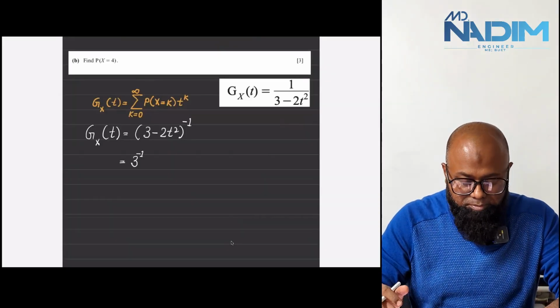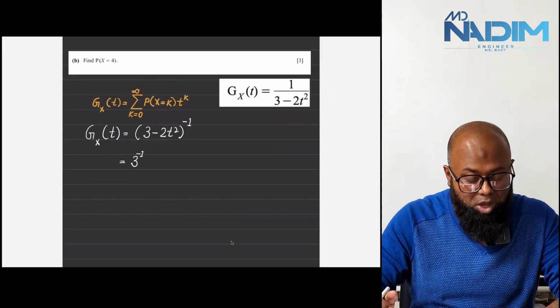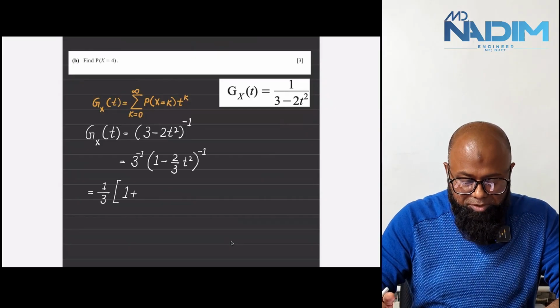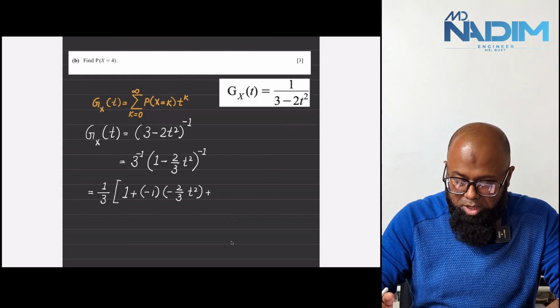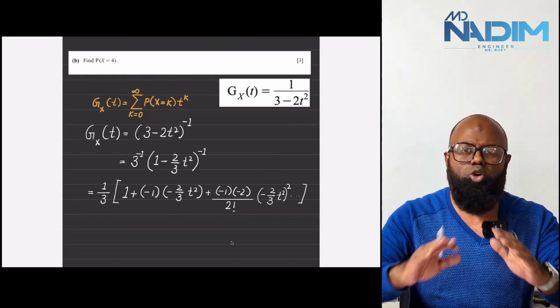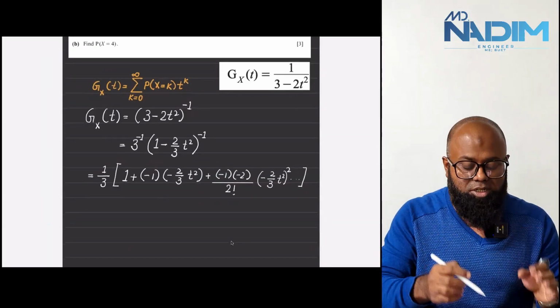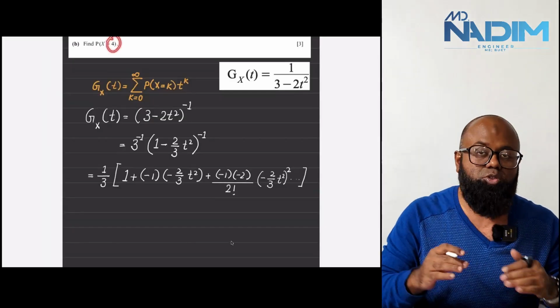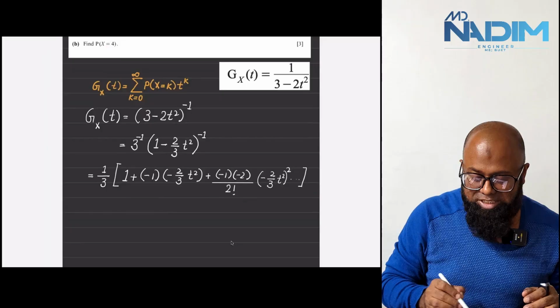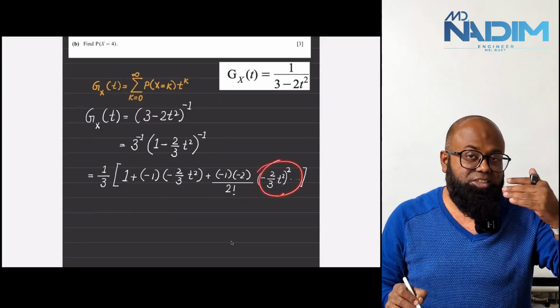So let us do that, guys. First of all, I have to make the first term 1. Now if I expand it by using the concept of binomial expansion, I'm getting this. You don't need to expand and simplify all the terms, because you are only concerned about the term where you have t to the power 4. Now here you can see that this is the term where I'm getting t to the power 4.